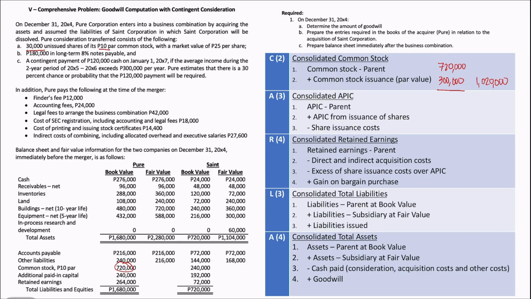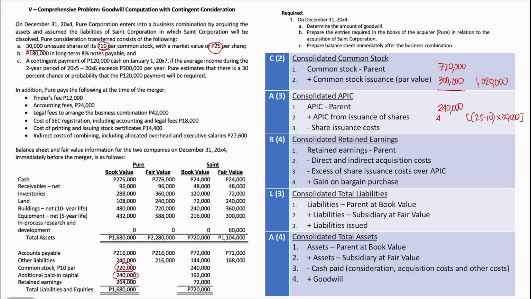Next is consolidated APIC. We first take the APIC of the parent, that's 240,000. And then we add the APIC from issuance of shares, that's 25 minus 10 times 30,000.